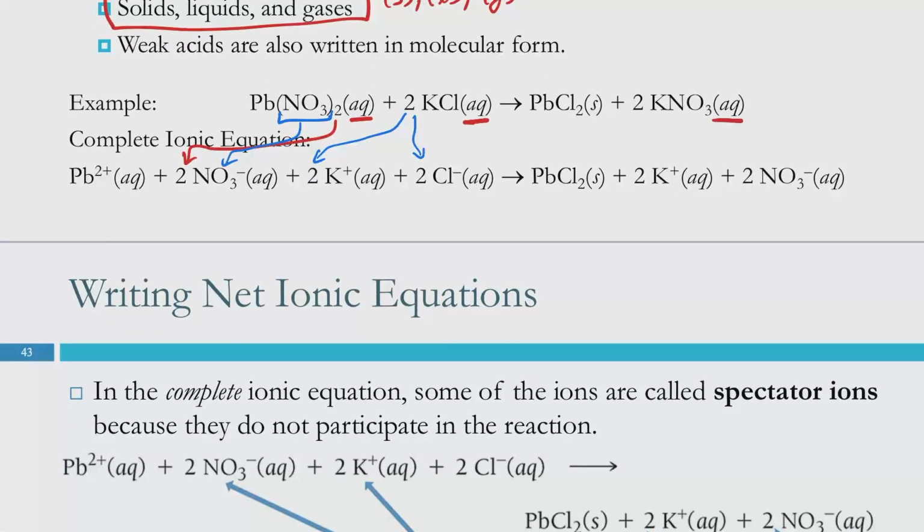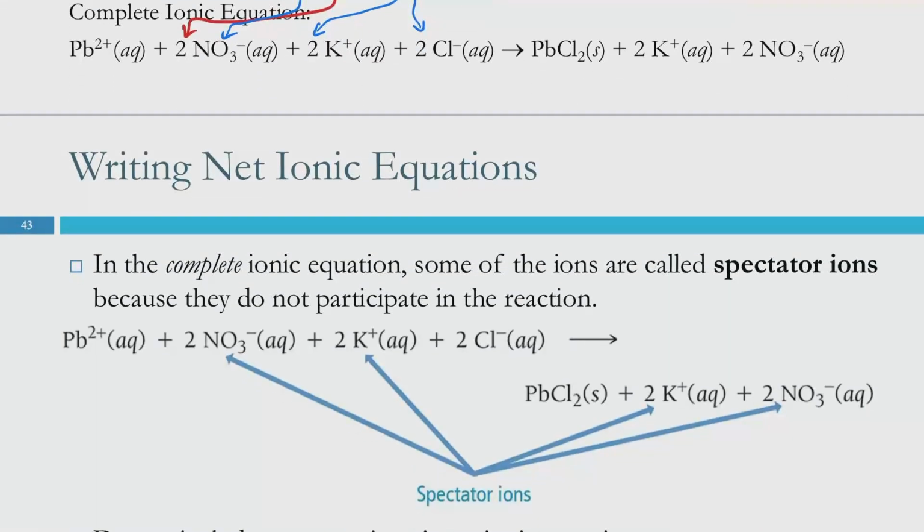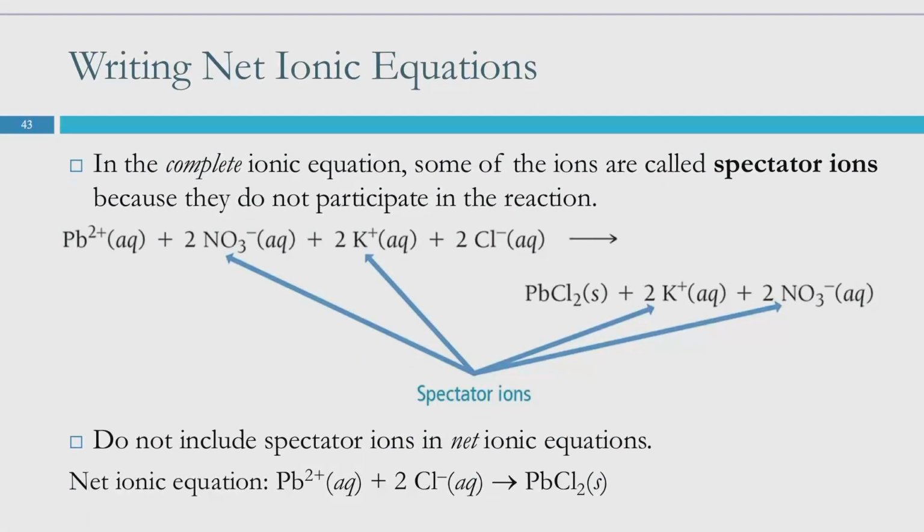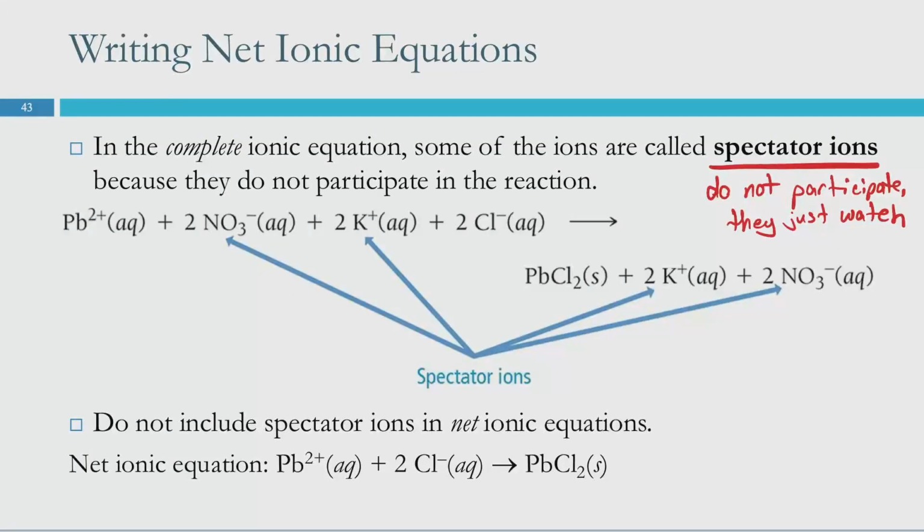Okay, so that's our complete ionic equation. From our complete ionic equation, some of those ions do not participate, and the things that don't participate, we would call spectator ions. Spectators do not participate, i.e., they just watch. They spectate. So anything that's the same on the reactant side, the left side, and the product side, the right side, we can remove.